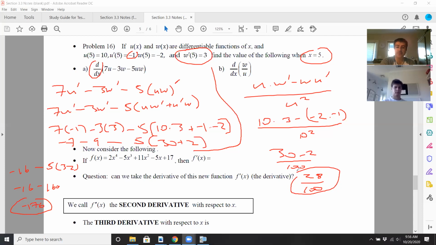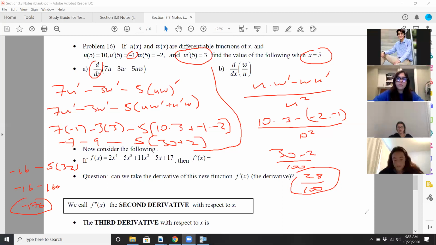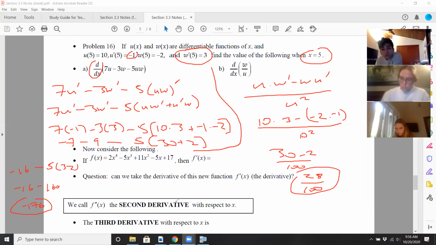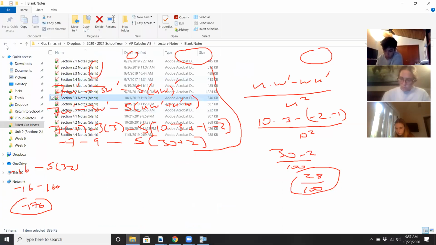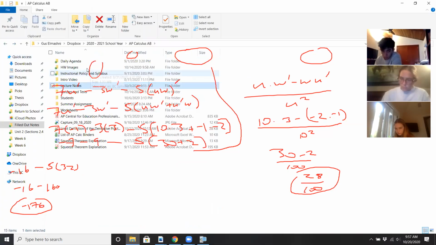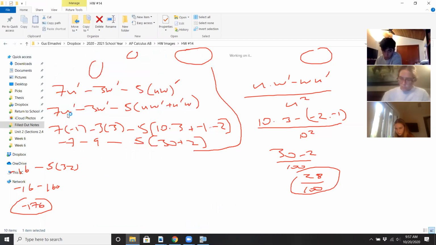Any questions? Okay. So again, you guys will get a chance to practice this in the homework. In fact, if I pull up the homework really quickly, homework images, homework number 14.